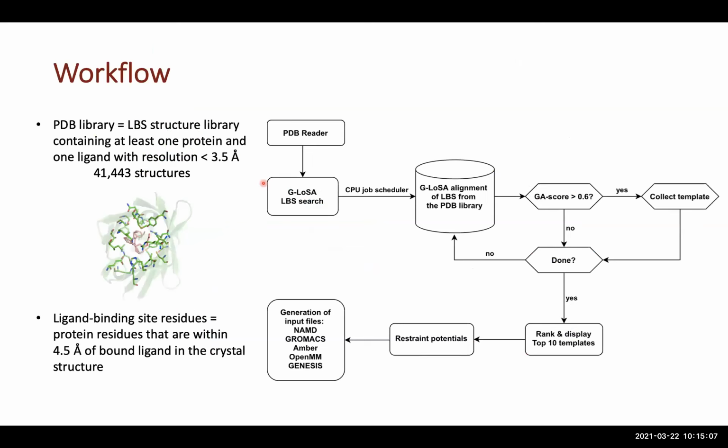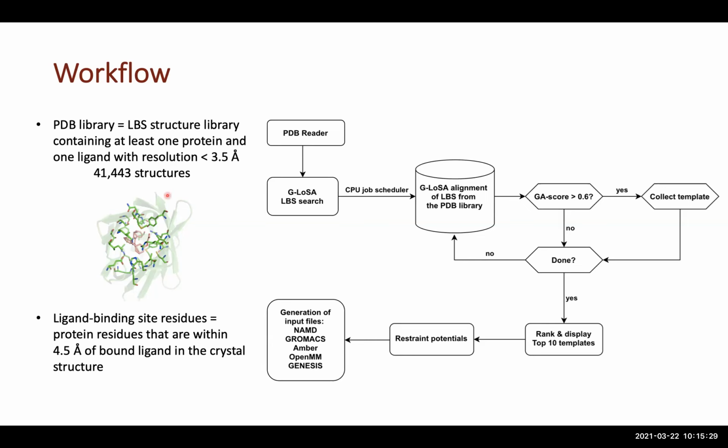This is the general workflow of this module. What I mean by the PDB library is that we have a ligand binding site structure library that contains at least one protein and one ligand with resolution better than 3.5 angstrom. In total, we have about 41,000 non-redundant structures.